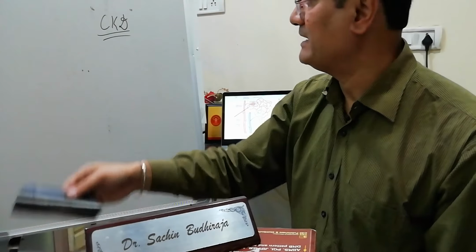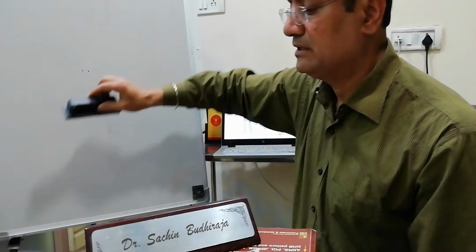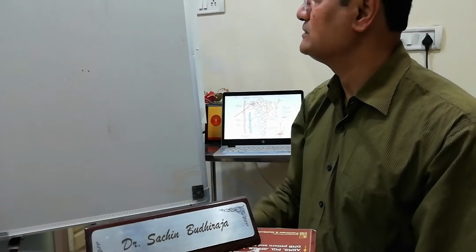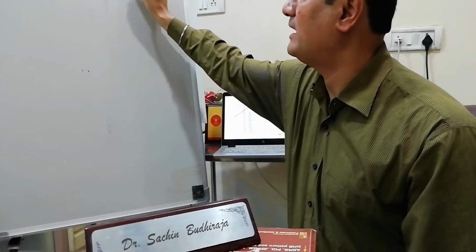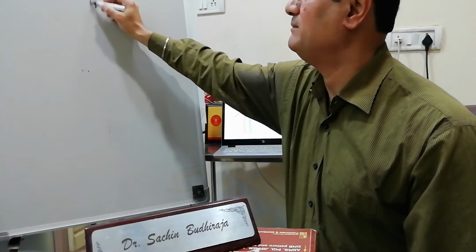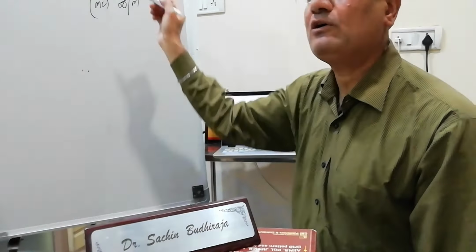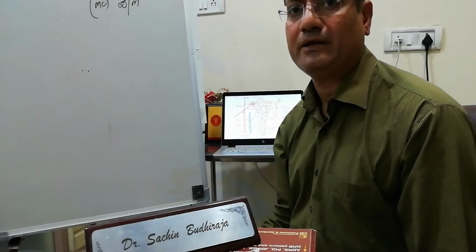And why is CKD the commonest presentation? Because of the underlying causes, as you'll get to know. Now the most common cause of CKD worldwide is diabetes. So this is the leading cause of CKD worldwide.